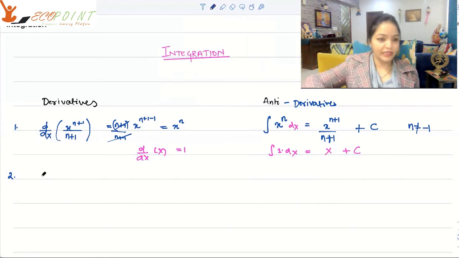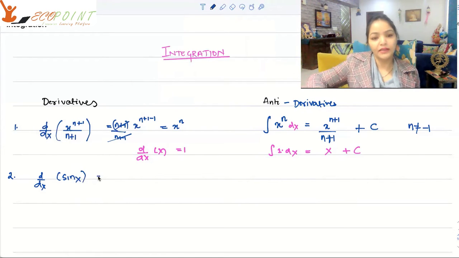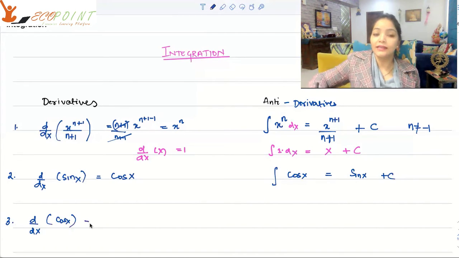Similarly, you can take some other function. d by dx of sine x is cos x. So what can you say? The integral of cos x is equal to sine x plus c. d by dx of cos x is minus sine x.